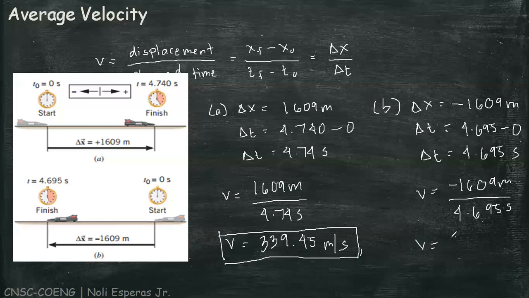Therefore, we have an average velocity of 342.70 meters per second. Sorry, it should be negative 342.7 meters per second. So if your displacement is directed to the positive direction, you will have a positive velocity. Otherwise, if the displacement is directed to the negative direction, your velocity will be negative.